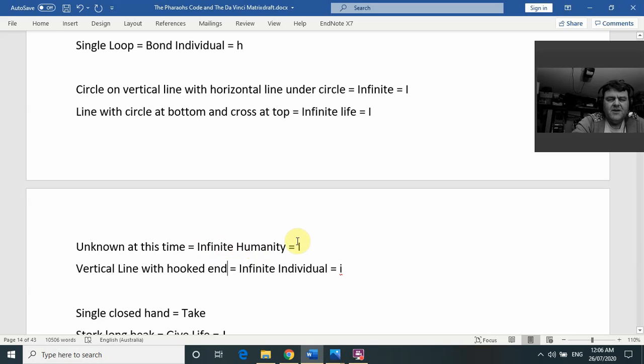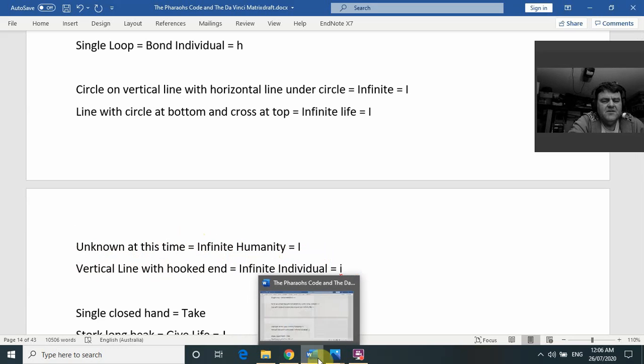The symbol for infinite humanity, I haven't finalized at this time. Few suspicions, but I'm not sure whether or not there was a concept for an infinite individual. If there was, I think it was this shape, which is fairly common again.